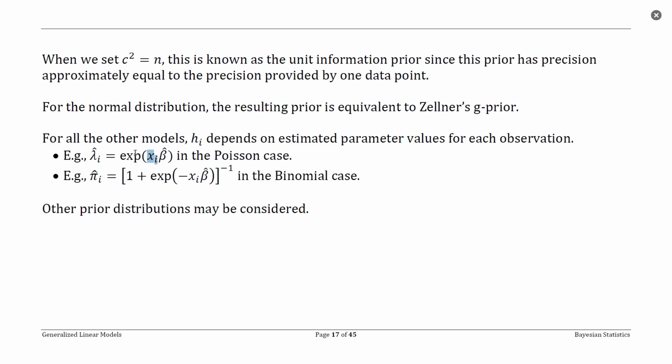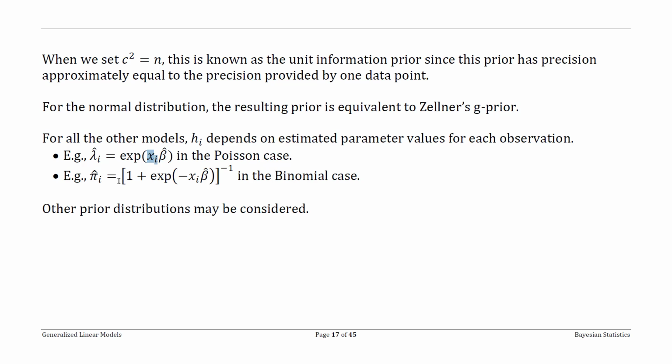And the reason that we have to take the exponential function is that if you look back at the form of the log linear Poisson regression model, you see that the log of lambda_i is equal to x_i transpose beta. So to get on the right scale, we have to apply the exponential function.